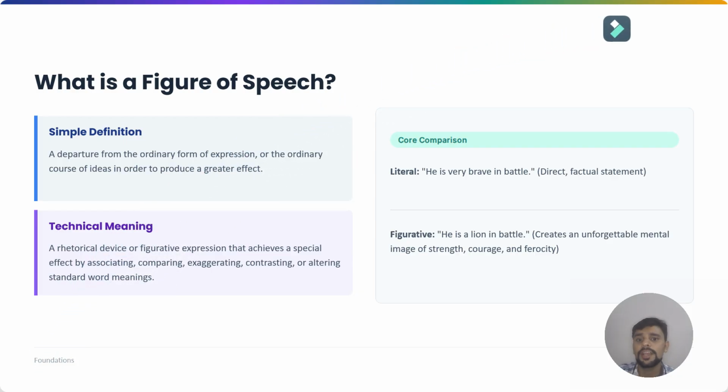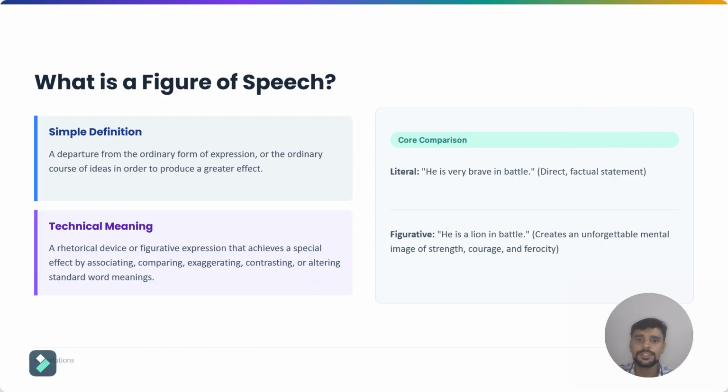Obviously, he isn't biologically a lion, but the comparison gives us a collection of qualities: courage, strength, fearlessness, aggression, perhaps leadership. So, one word, lion, allows us to communicate several qualities simultaneously. That is the power of figurative language.